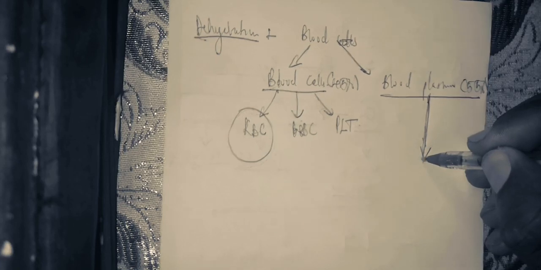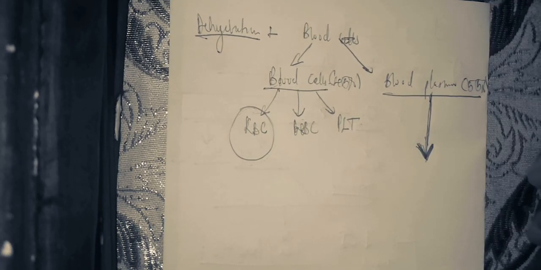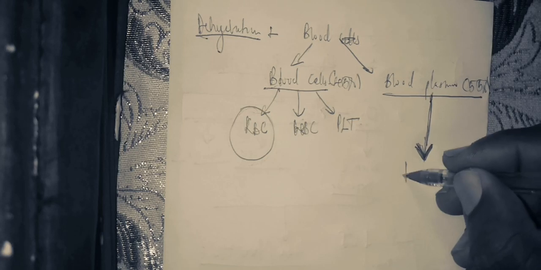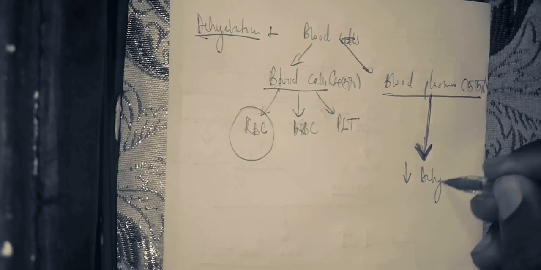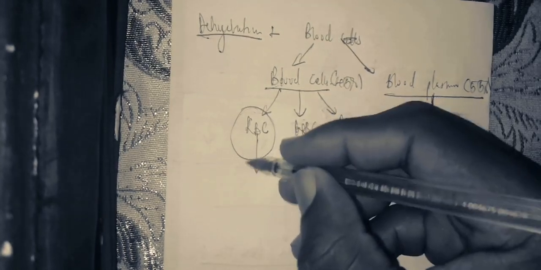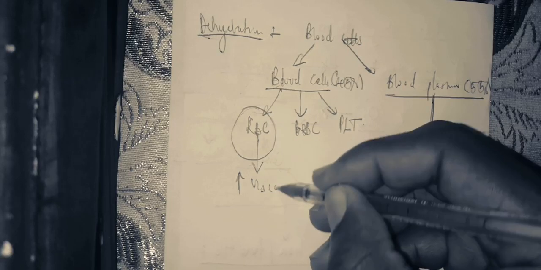Now, in the case where the plasma is reduced, like in the case of dehydration, the blood is going to become highly viscous. Is it clear?